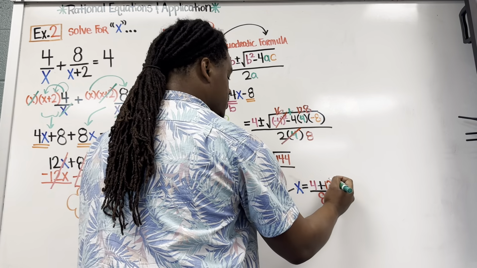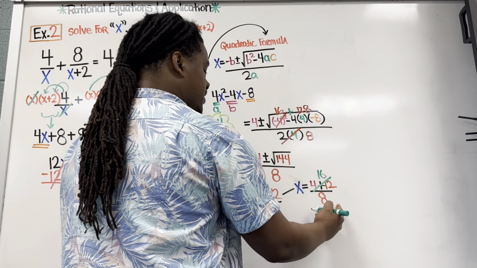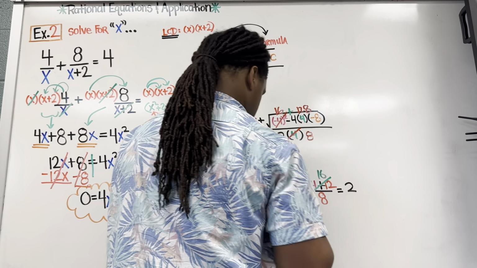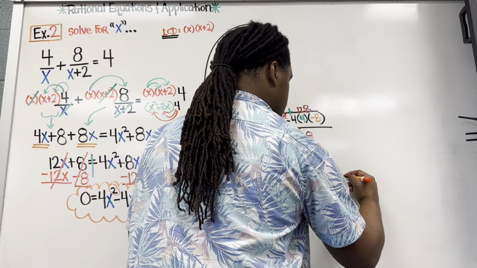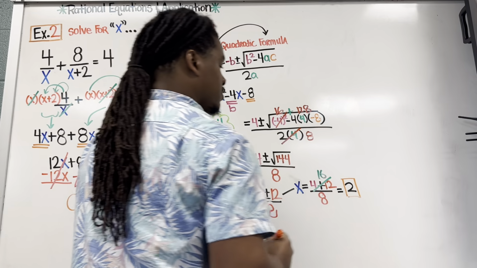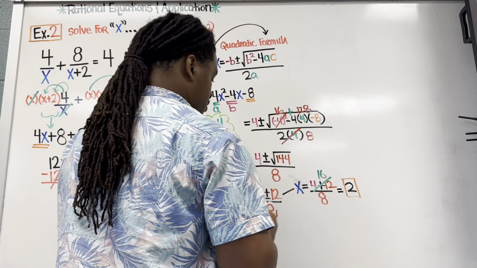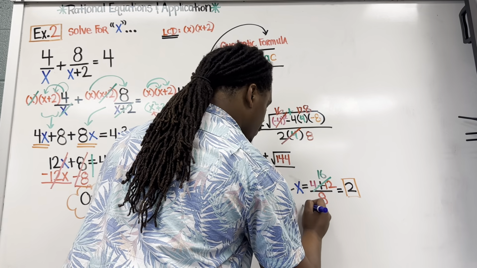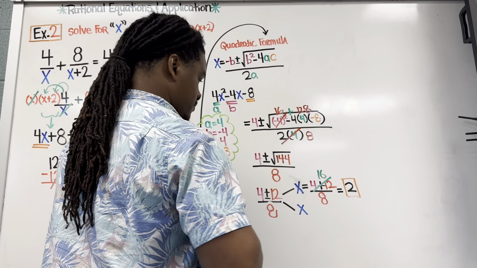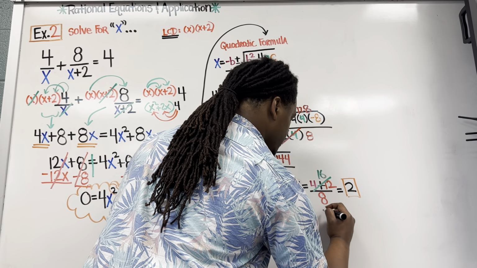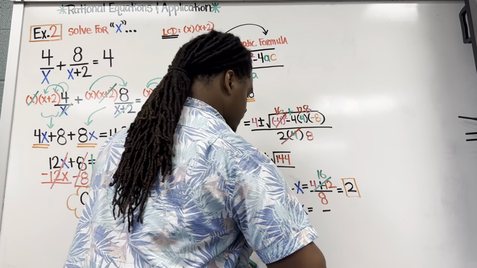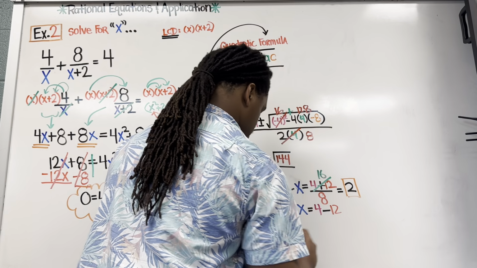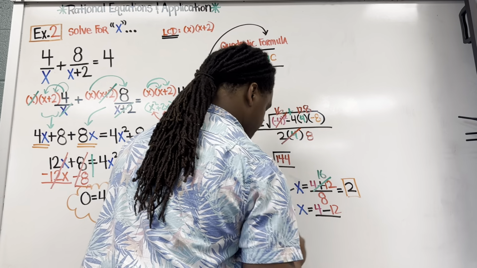Okay, 4 plus 12 is 16. 16 divided by 8 is 2. So x equals 2 is one of our answers. Okay, and then also if we did x equals 4 minus 12, all divided by 8, right?